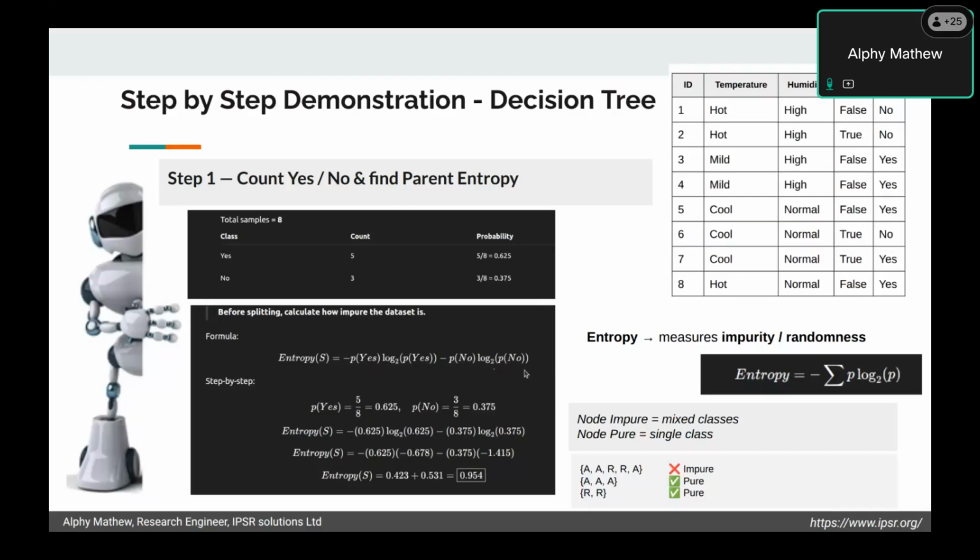We are not going deep, but I will explain what is happening. Here we need to find the probability of yes and the probability of no. You already know how to find probability. The probability of yes is 5 by 8, because the total number of yes is 5 and the total number of observations is 8. So the probability of no is 3 by 8.